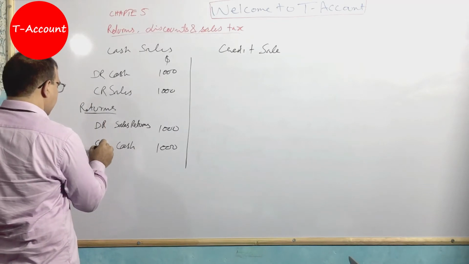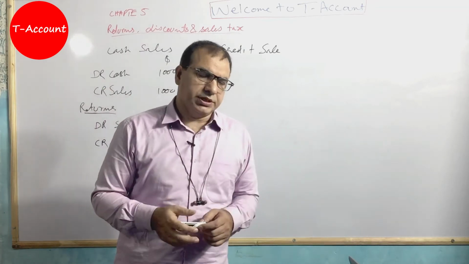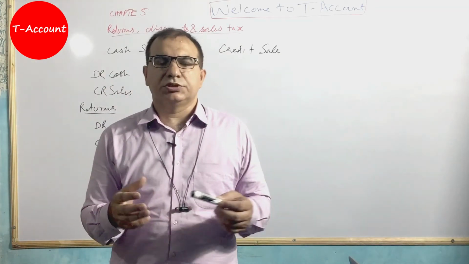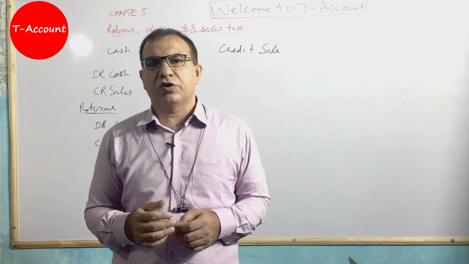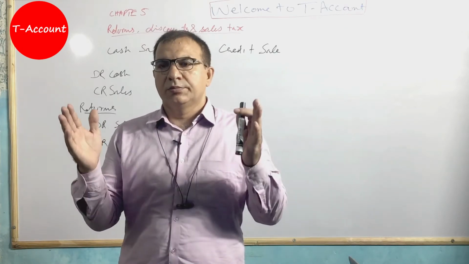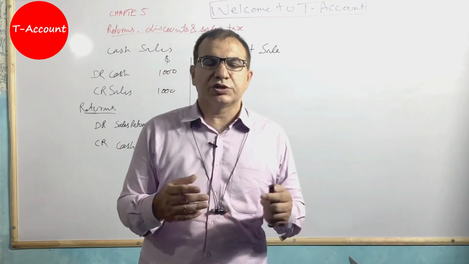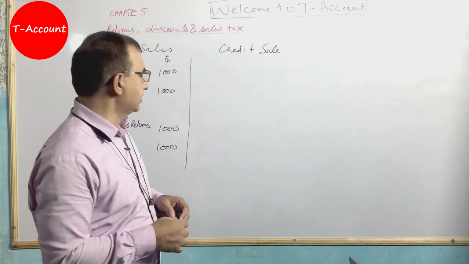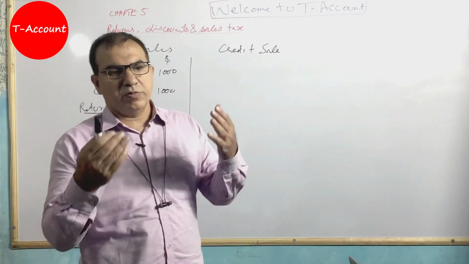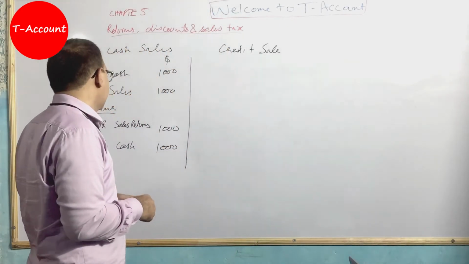Why don't we debit sales? It's easier to create a new account in the chart of accounts rather than analyzing this ledger every month or at the period end. You can easily take out a ledger of sales returns and check how many people have returned and how much it was in total in dollars.